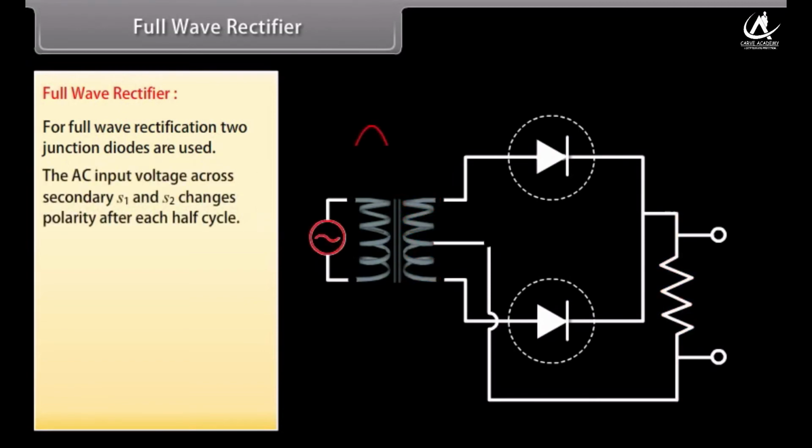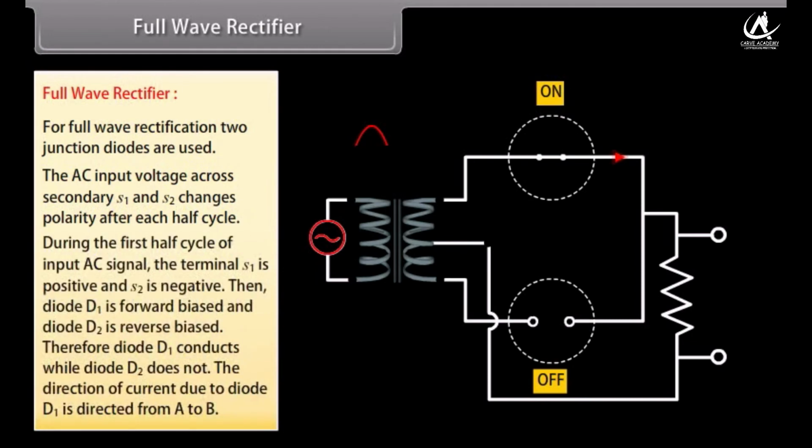The AC input voltage across secondary S1 and S2 changes polarity after each half cycle. During the first half cycle of the input AC signal, the terminal S1 is positive and S2 is negative. Then, diode D1 is forward biased and diode D2 is reverse biased. Therefore, diode D1 conducts while diode D2 does not.